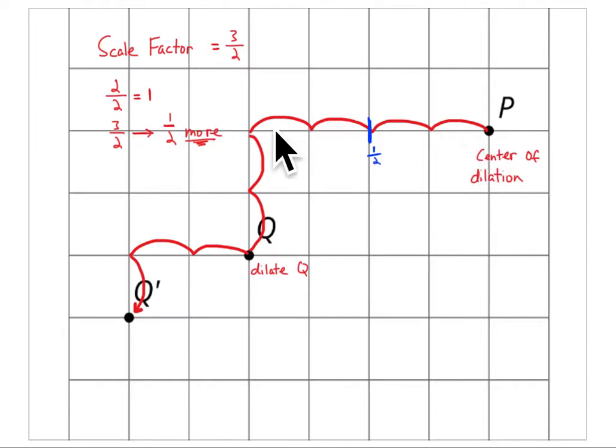If this is 4 units from P to this point right here, the horizontal line is 4 units, then half of that is 2 units. So you're going to go 1/2 again, half again is farther. So 2 more units is another half. So it's going to get you out to here. If this is 2 units, then 1/2 of 2 is 1. So you're going to add that 1/2 unit, or it's 3/2 times this length.